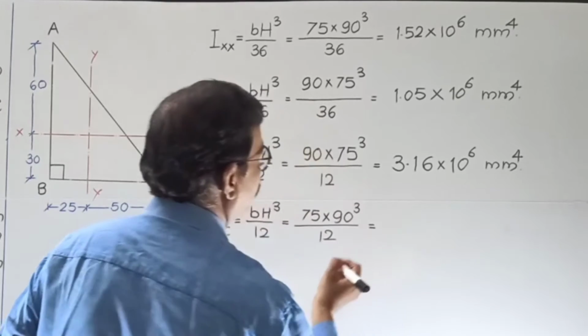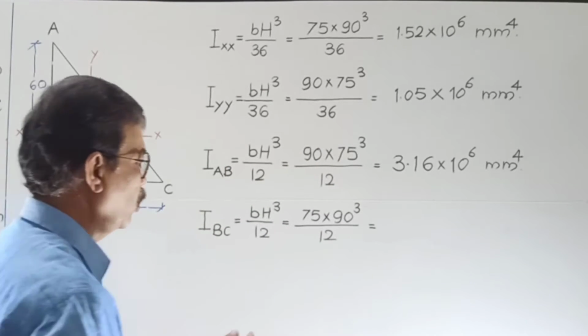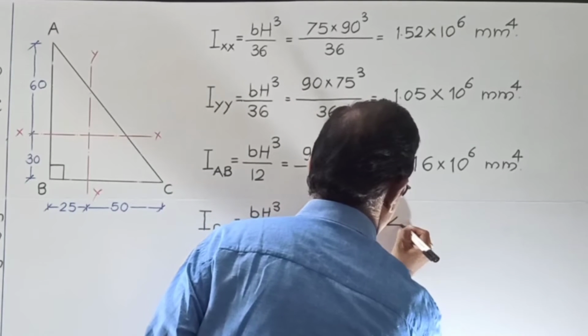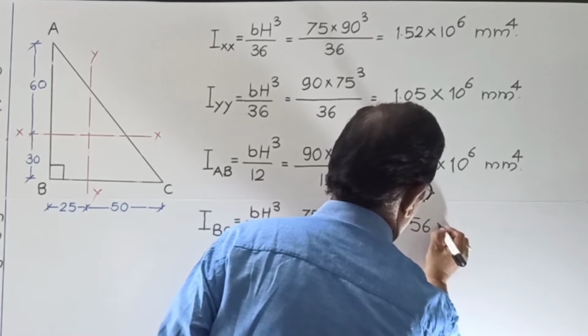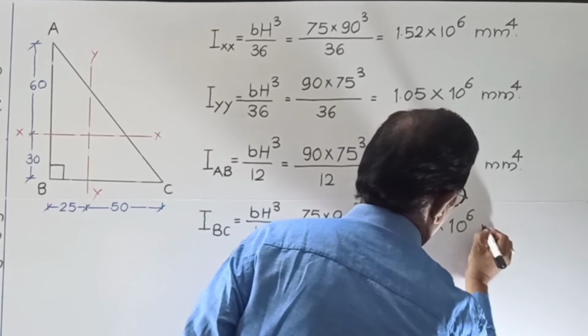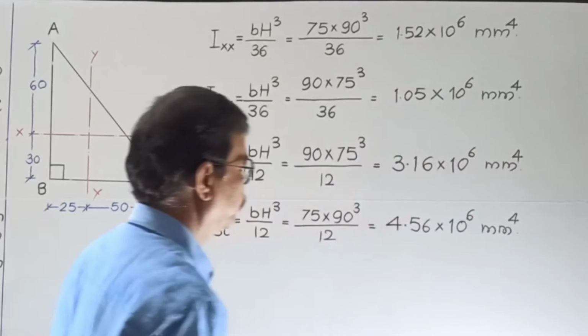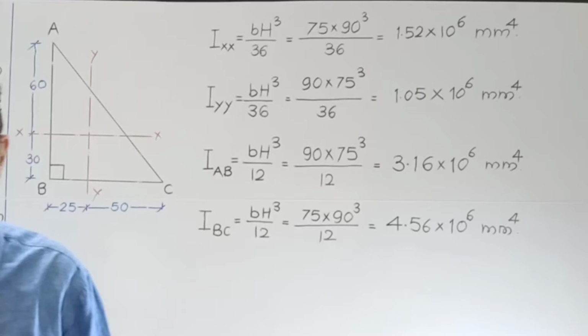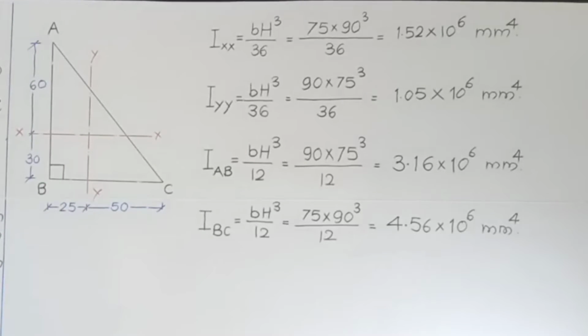So this you will get as 4.56 into 10 raised to 6 mm raised to 4. Now this is how we have calculated Ixx, Iyy, IAB and IBC.